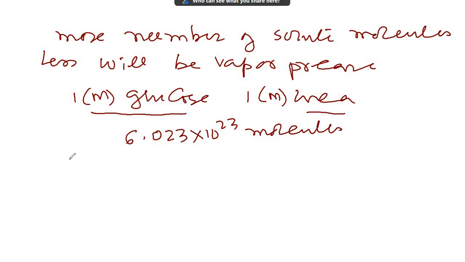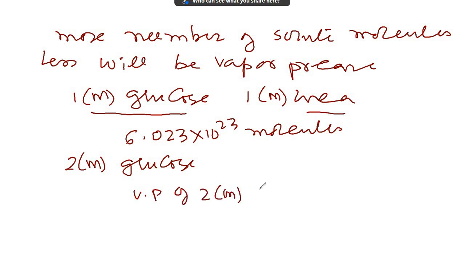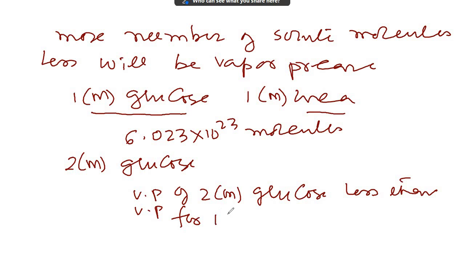Instead of 1 molar, if I take 2 molar glucose, you will see that the vapor pressure of 2 molar glucose is less than the vapor pressure of 1 molar glucose. The more the concentration of the solution, the less the vapor pressure.